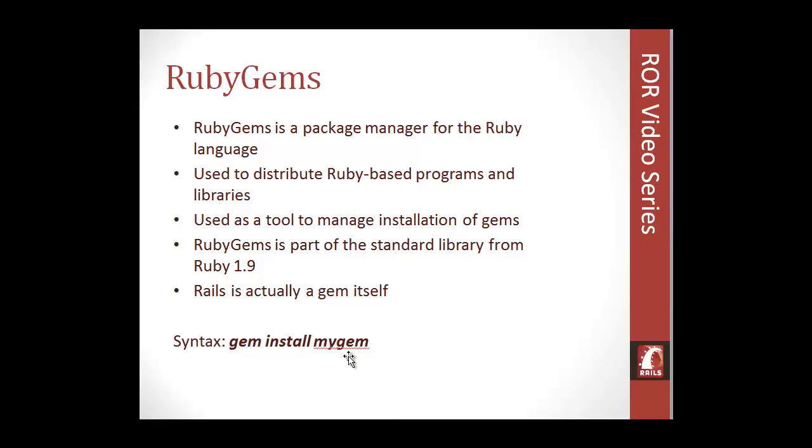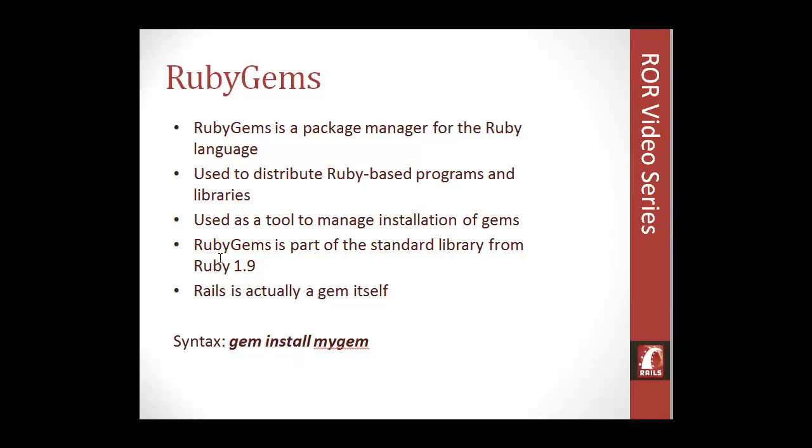They can be looked at kind of as modules or plugins, something like that, and they are used to distribute Ruby-based programs and libraries, so just chunks of code that you can utilize in your app. It's used as a tool to manage installation of gems, so just like the syntax, you can gem uninstall, install, whatever.